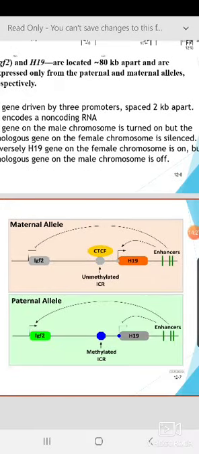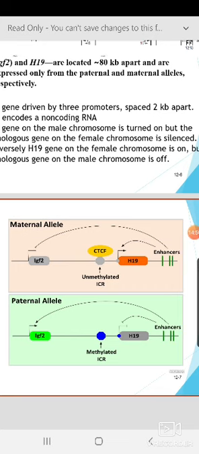H19 is silenced because of this methylation, and because the methylation takes place, the CTCF protein cannot come and bind. So the enhancer, even though it is present nearby H19, cannot exert its effect because H19 is already silenced, but it can exert its effect on the far distant IGF2. So IGF2 is working.